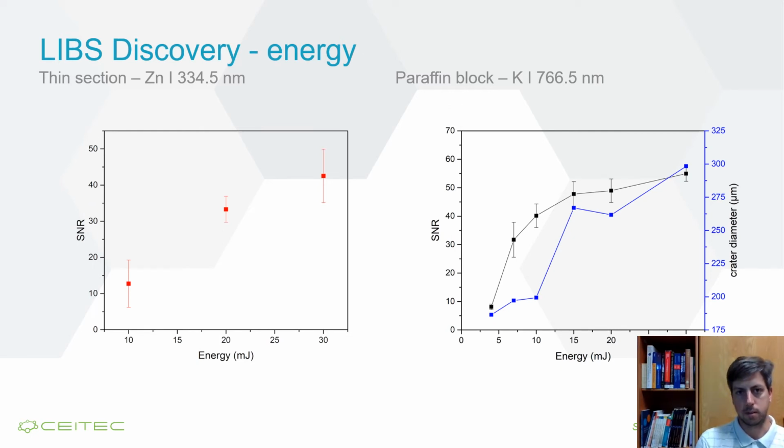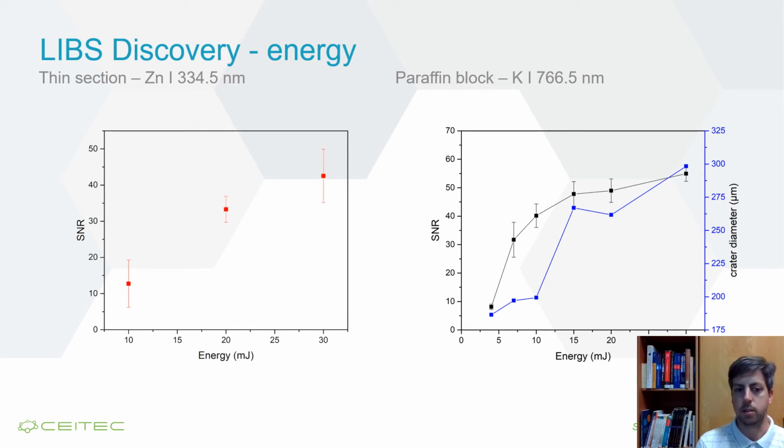Another parameter, actually a very important one, is the energy in laser tissue interaction. Again, on the left side is the thin section, on the other is the paraffin block. In both cases, you can see quite a nice trend in the signal-to-noise ratio as a function of the energy, and it's rising to a certain point around 20 millijoule, and then it levels off and starts to be saturated.